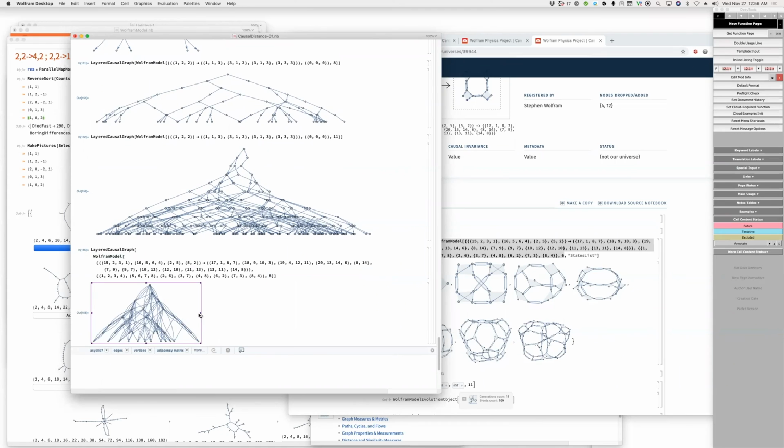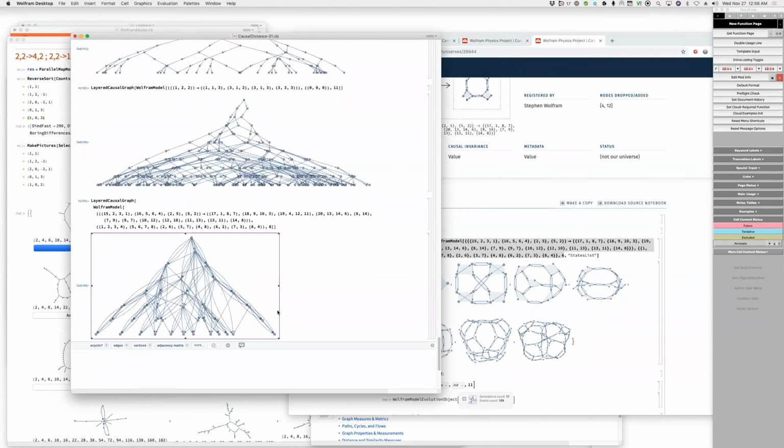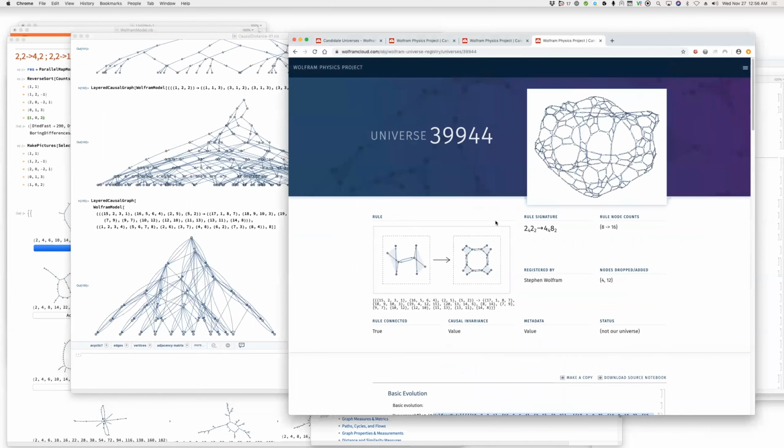Well, that's interesting. We should probably rerun everything to generate these. Why is this slow?